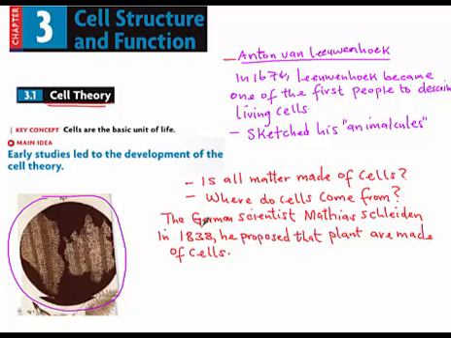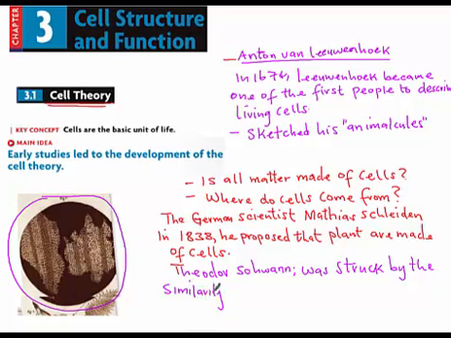Schleiden discussed his results with fellow scientists, and another German scientist, Theodor Schwann, was struck by the similarity between plant and animal cells.